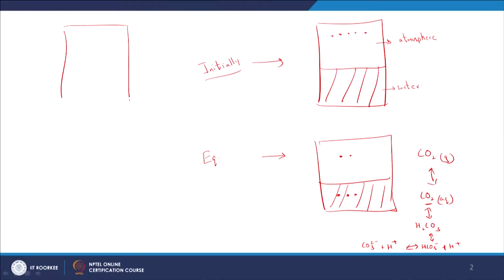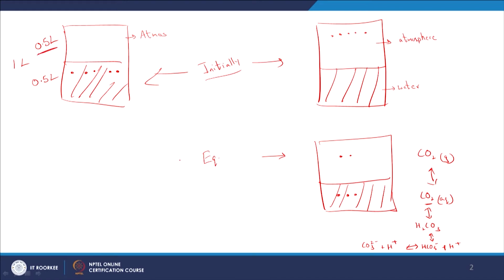So let us look at the inverse case. What can happen here? So let us say I have water here initially, and I have 5 moles of carbon dioxide, and there is no carbon dioxide in my atmosphere here. So for example, assume that this is a 1 liter container and it is 0.5 liters of water and 0.5 liters of air, or atmosphere, that has no carbon dioxide in it.